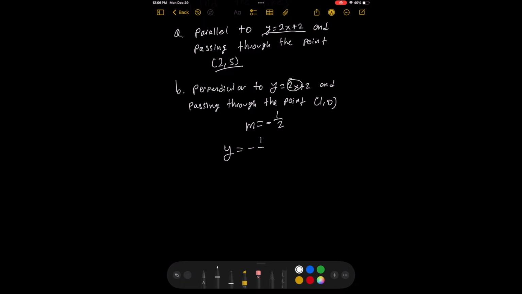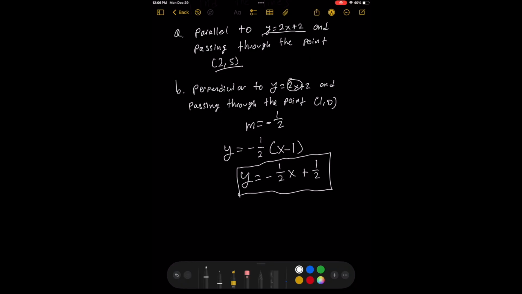And then just multiply. Be careful of your negatives, and you should be chilling. And this is the point. This is the line that is perpendicular to the line y equals 2x plus 2, and passes through the point 1, 0.